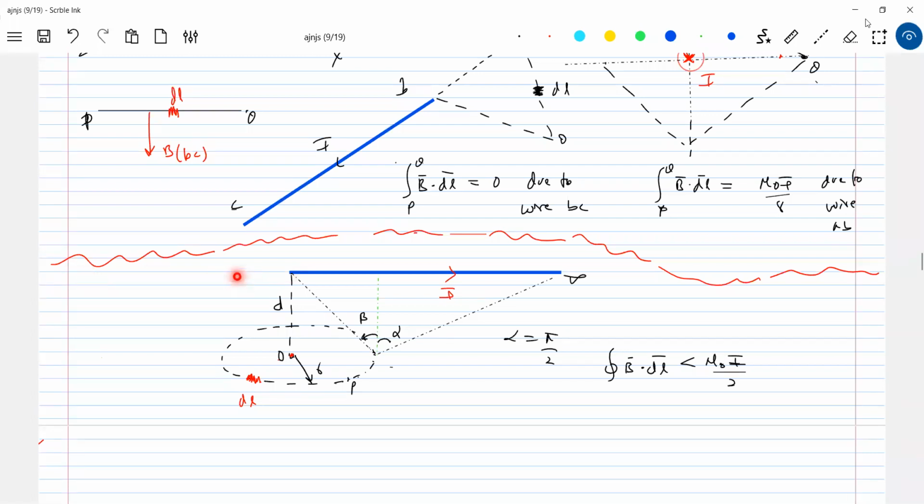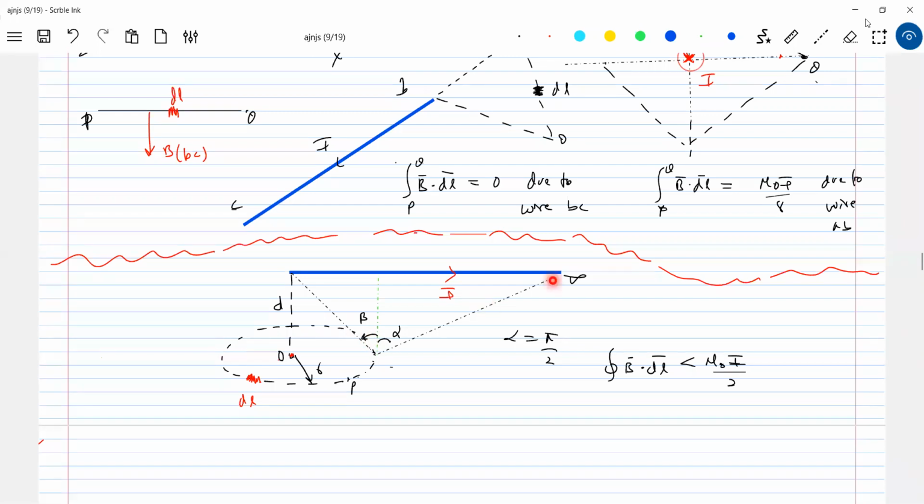Or mu naught I. If it were a long wire, then at all points it is going to be the same.